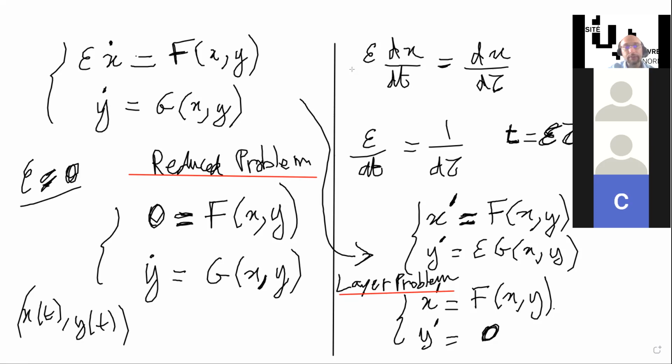You agree with that? Epsilon is a number. It's a positive number, small.